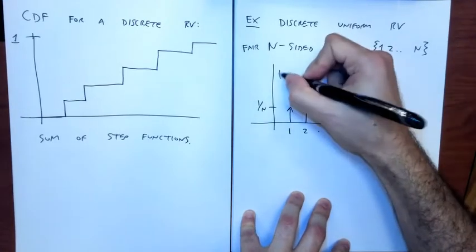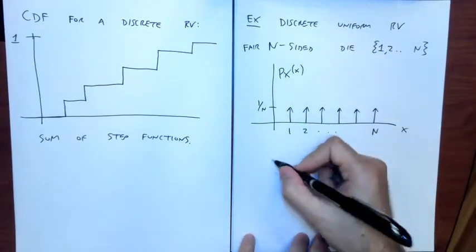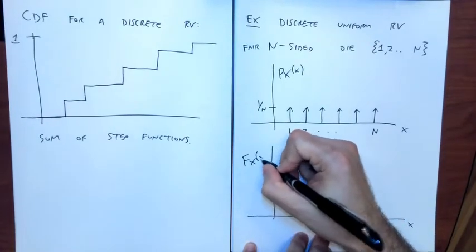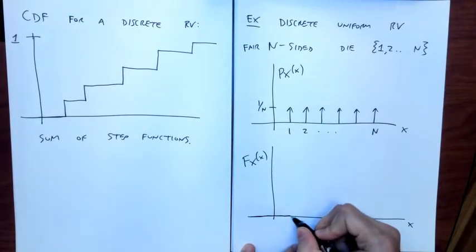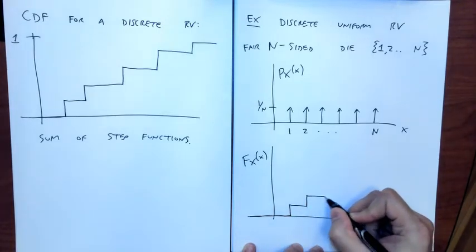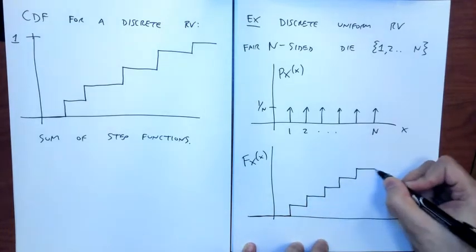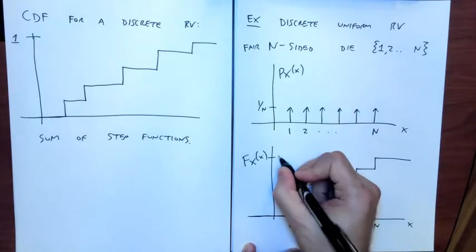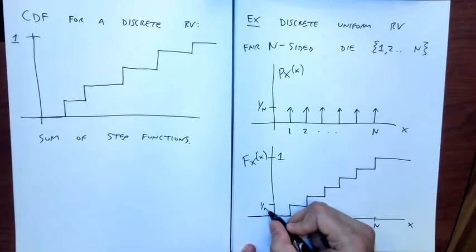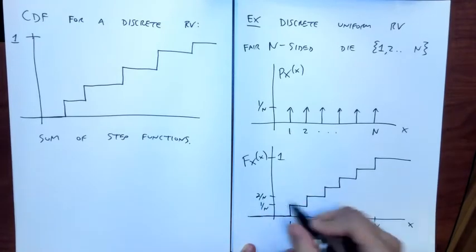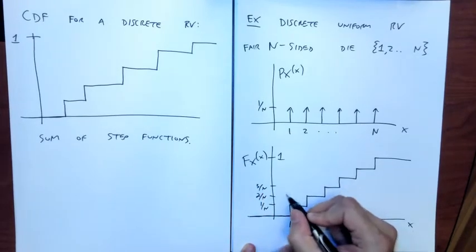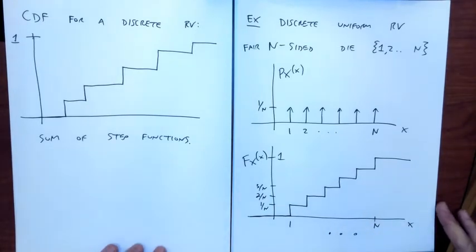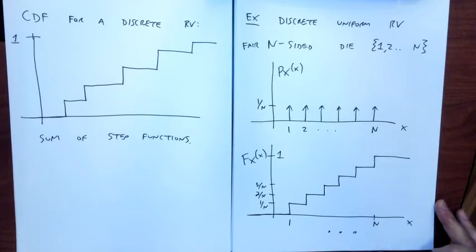This is my PMF. And my CDF is going to be a nice, even, happy stair step that starts at 1 and tops out here, and the value of this is 1 over n, and the value of this is 2 over n, 3 over n, and so on. Easy. Okay?